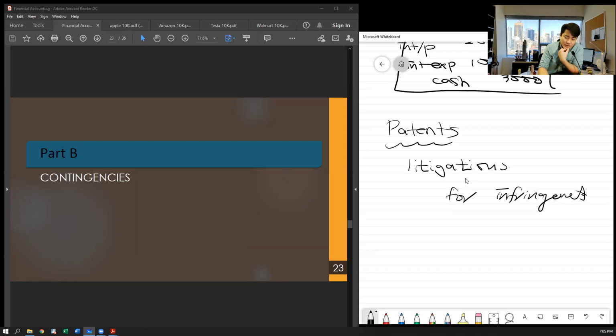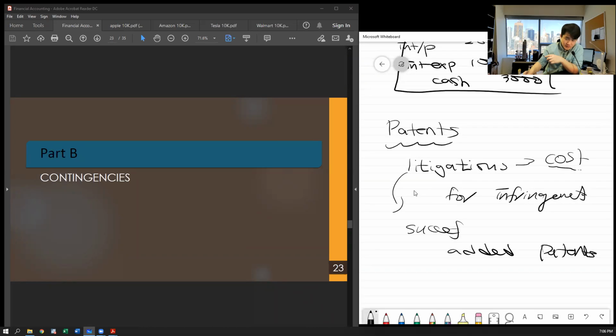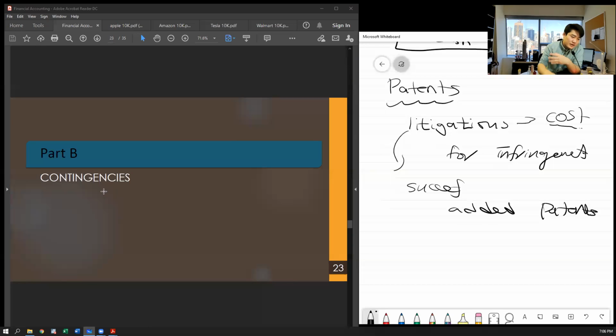And then we talked about how these litigation costs are reported. If you are successful in defending your patents, that number will be added to your patents. So what we talked about last week was the outcome.